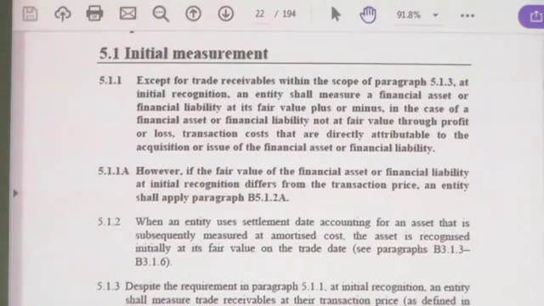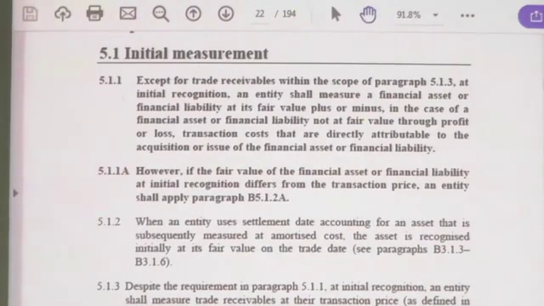Except for trade receivable within the scope, at initial recognition, an entity shall measure a financial asset or financial liability at its fair value, plus or minus, in case of a financial asset or financial liability not at fair value through profit or loss, transaction cost.